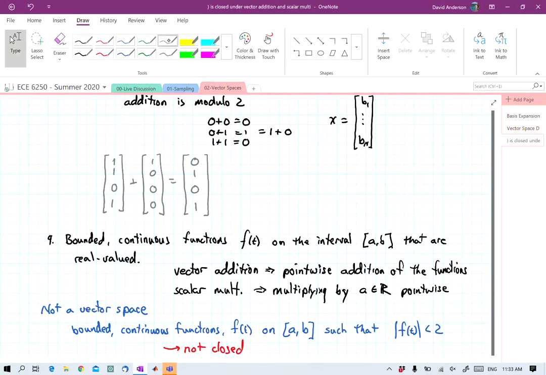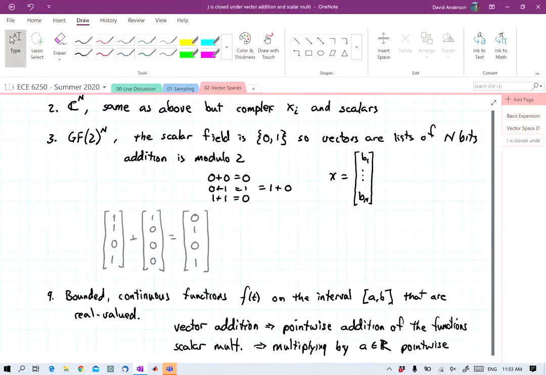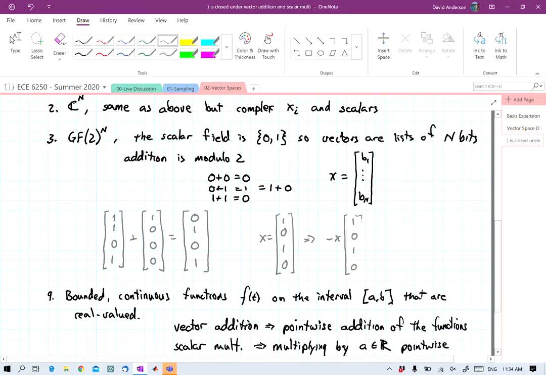By the way, one thing I'm going to put in here with respect to number 3, or Galois field, and that is, suppose we had x is equal to, say, 1, 0, 1, 0, then we need to have a negative x. Well, in this case, negative x would be 1, 0, 1, 0. It's just the same, because when you add 1 and 1 you get 0, and when you add 0 and 0 you get 0, so that satisfies the definition.